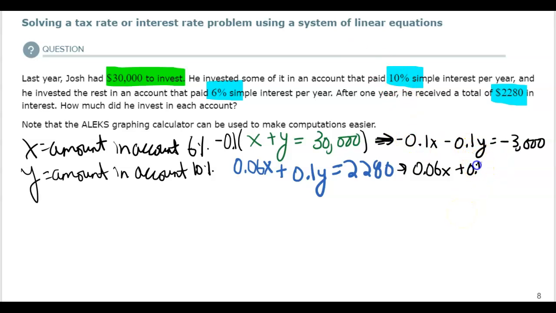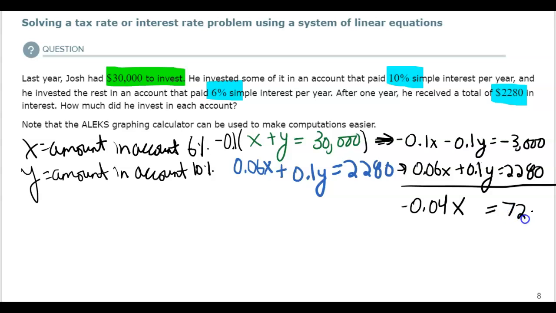If you chose to do it a different way, that's just fine. I was able to eliminate my y. And now I can find the value of my x.